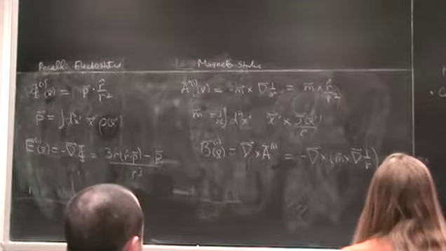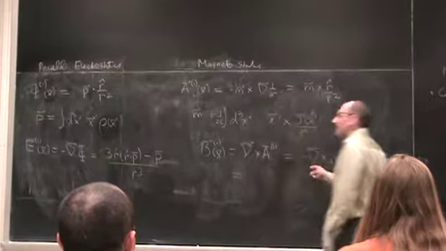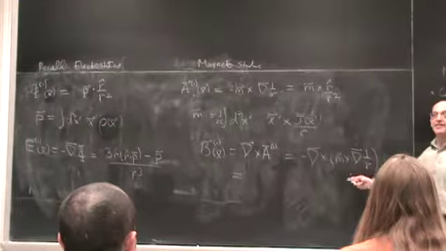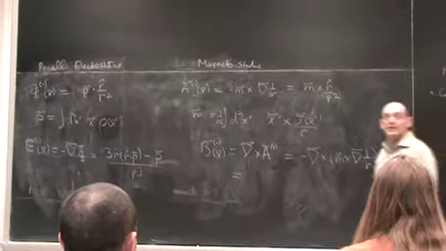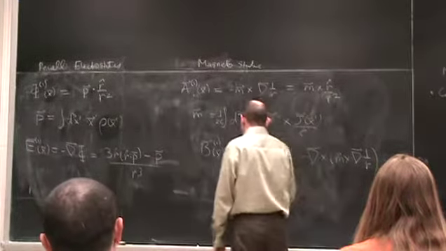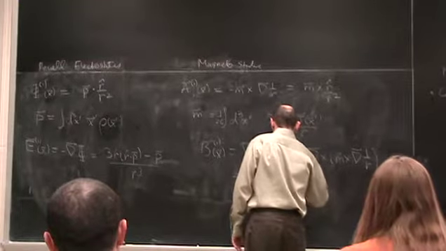Now, to save some time, you can look in the notes. It's a good exercise for you to do out all that tensor algebra. And you will find that this is equal to minus the grad of m dot r hat over r squared.